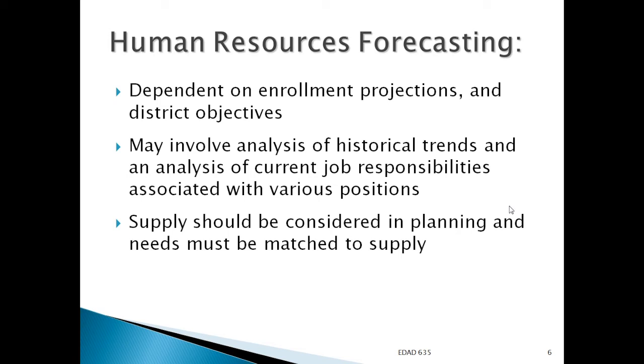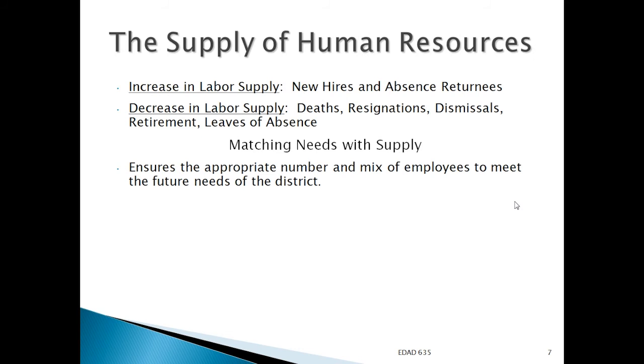Moving on to the next slide. Slide number 7, we talk about the supply of human resources. One of the things I would suggest to you is that beyond what you've seen in this slide, this is also a function of forecasting, and it's done in a very informal way.